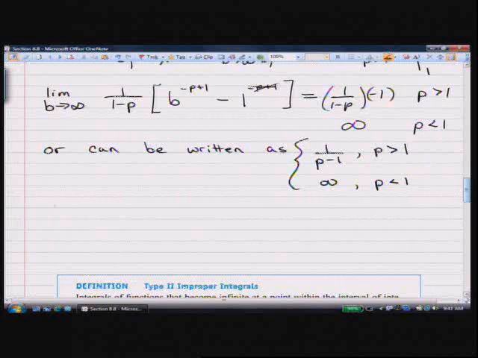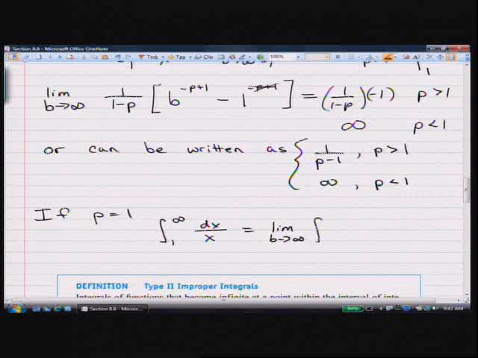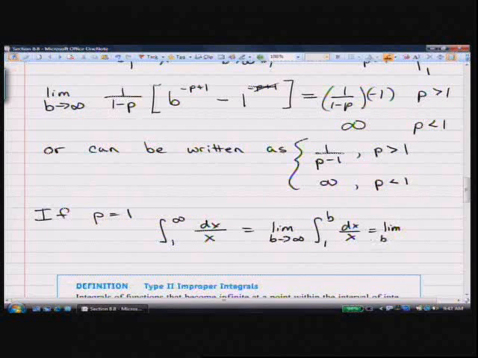So what about if p is equal to 1? Well, if p is equal to 1, then you're just going to look at the integral from 1 to infinity of dx over x, which is going to be the limit as b goes to infinity of the integral from 1 to b of dx over x, which is just the limit as b goes to infinity of the ln of b minus the ln of 1.